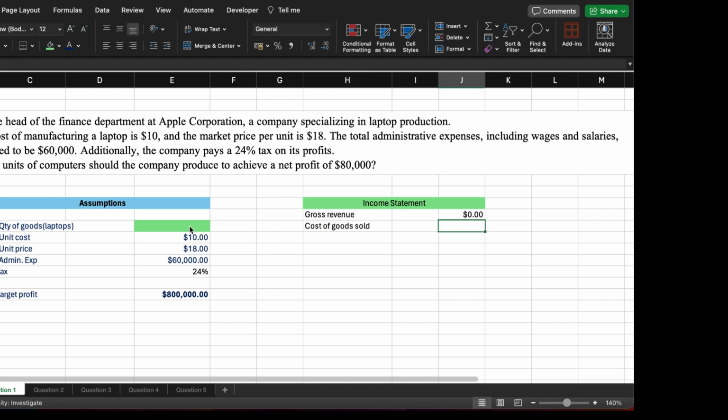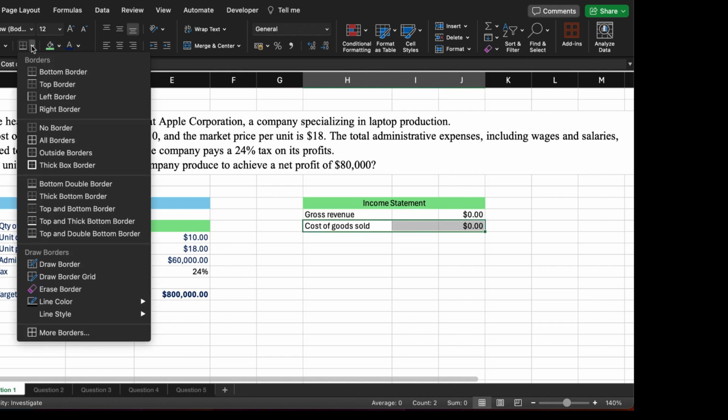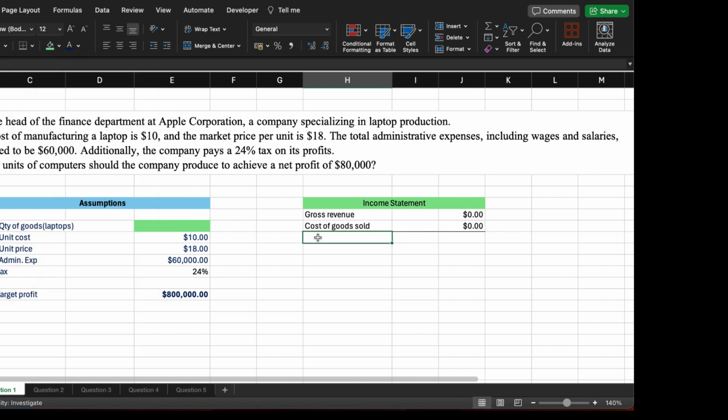So we then get our gross profit. Gross profit is equal to total revenue less cost of goods sold. We then less administrative expenses, which is an expense.